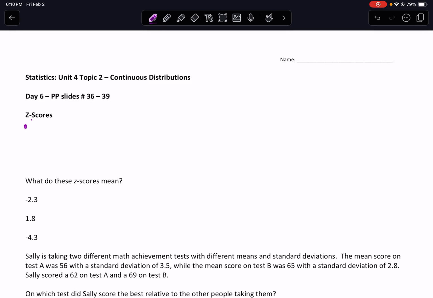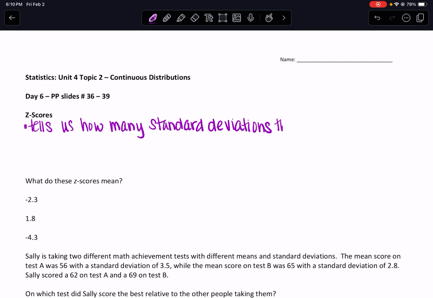So a z-score tells us how many standard deviations the value is from the mean.